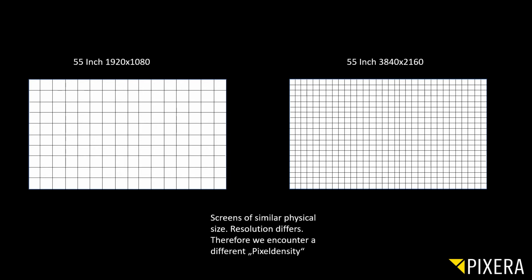On the left-hand side, you have a 55-inch Full HD display. On the right-hand side, you have a 55-inch 4K display. So the pixel amount on our right screen is 4 times as much as on our left screen. And here we can now see how this actually looks in the auto-compositing and compared to that in inner compositing.